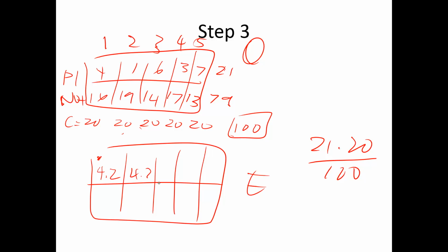So it's 4.2, 4.2, 4.2, 4.2, because it's 21 times 20 for this box as well. For this one that's a 6, it's 21 times 20, 21 times 20. You get the idea. The same thing is true for the second row, so 79 times 20 divided by 100. So all of these are 15.8.